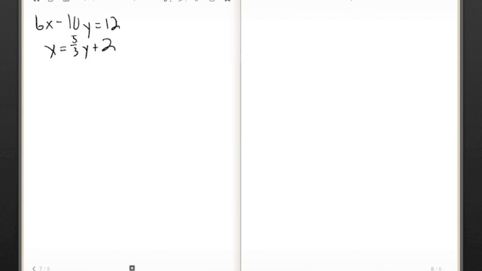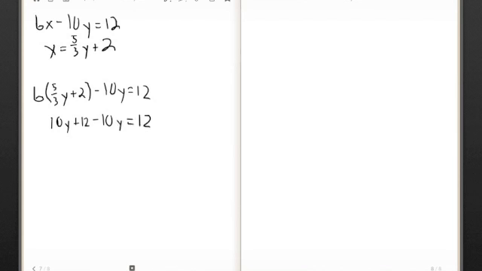We can just put 5/3 y plus 2 for x into the first equation. 6 times 5/3 y plus 2 minus 10y equals 12. 6 times 5 over 3 will be 30 over 3, which is 10y, plus 12 minus 10y equals 12.